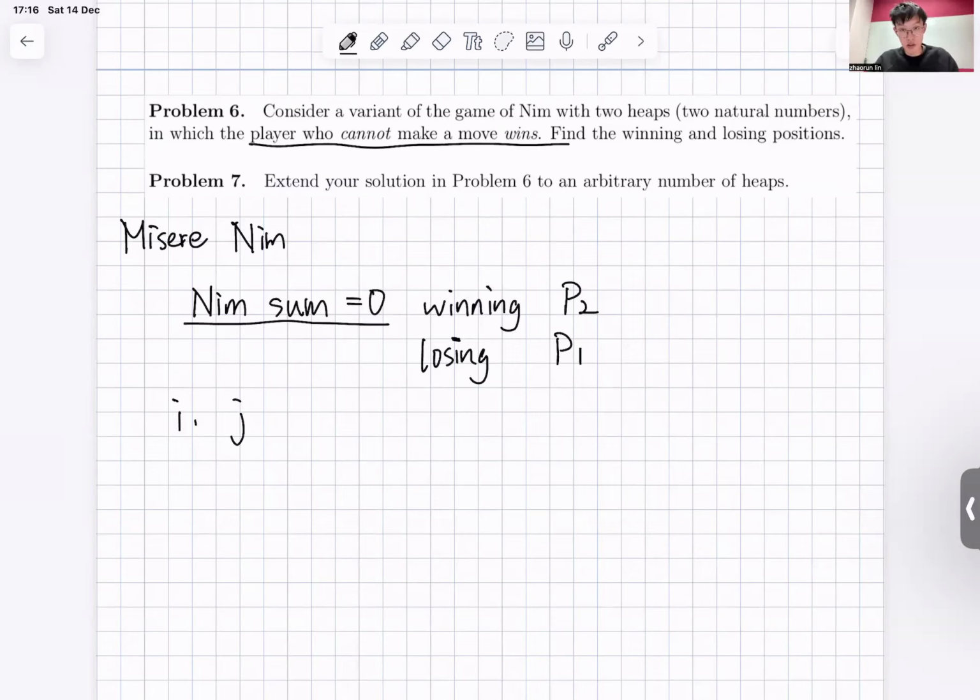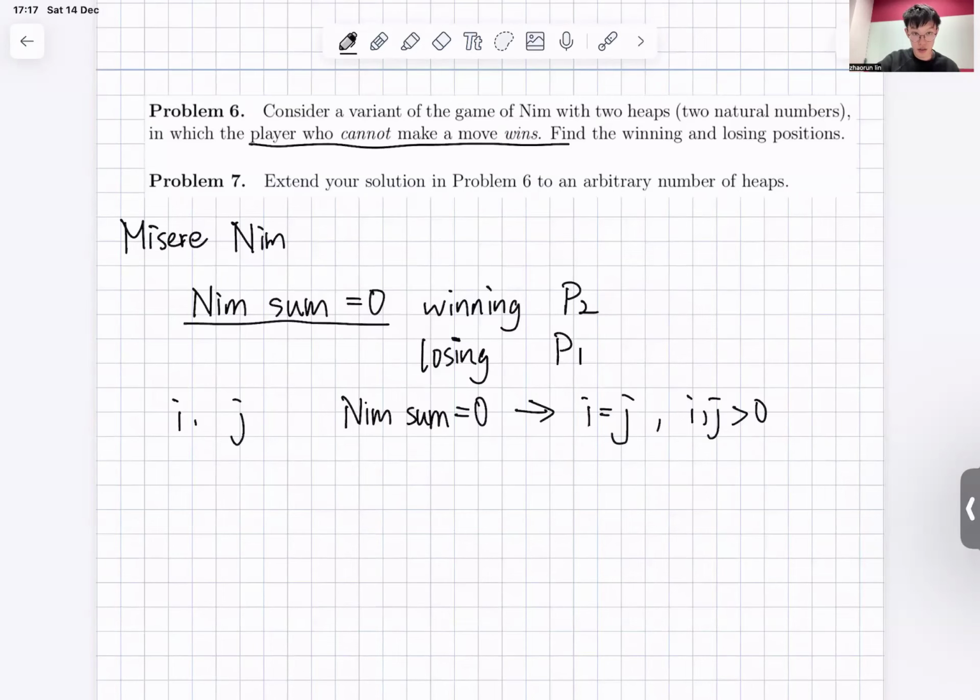Player 1 moves first, and a NIM sum of 0 means that i is equal to j, right? It means that i equals j, and i and j are larger than 0.